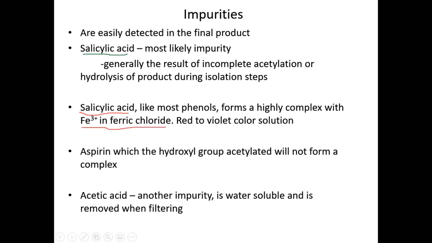When you add ferric chloride to a solution that contains a phenol, it produces a very vibrant color, usually anywhere from red to violet. So if you test your product and when you add the ferric chloride it changes color, that indicates that you have some salicylic acid impurity left in it.